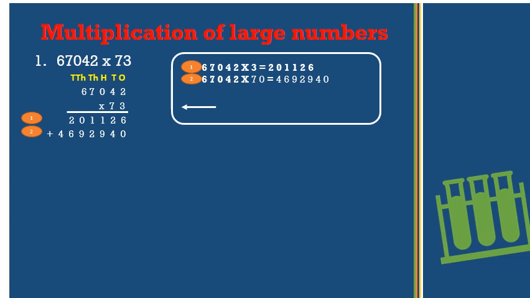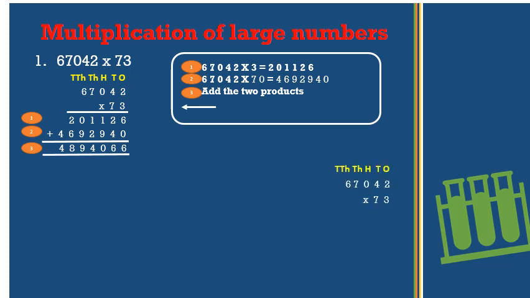Now in the third step, we are going to add these two products. And so the final answer is 48,94,066. So this is the product of the multiplication of 67,042 by 73.